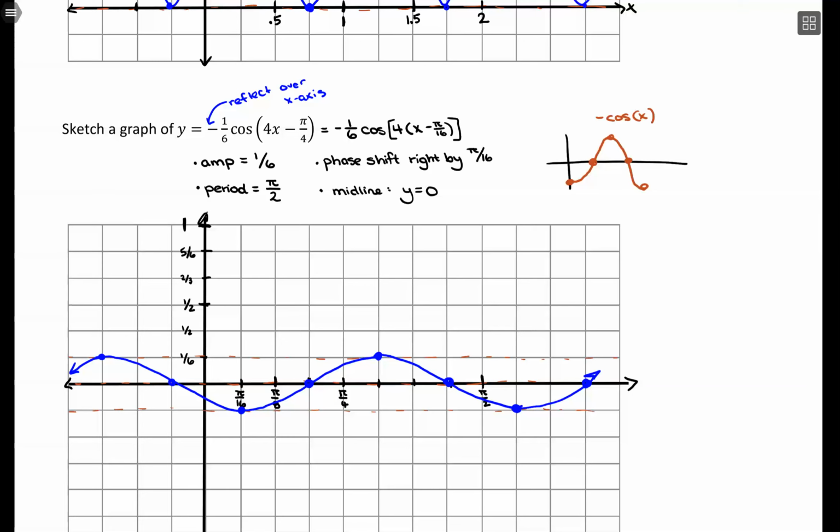You need to label your x and y axes, so setting the scale, and what I've tried to include were tips for setting your x and y axes, so it helps to make the graph. And then with that, just labeling some clear points, and those easiest points to graph are going to be those minimum, maximum, and midline values, since they occur nicely in terms of symmetry in these quarters of a single period.